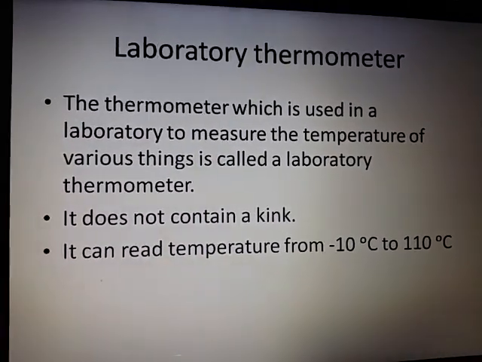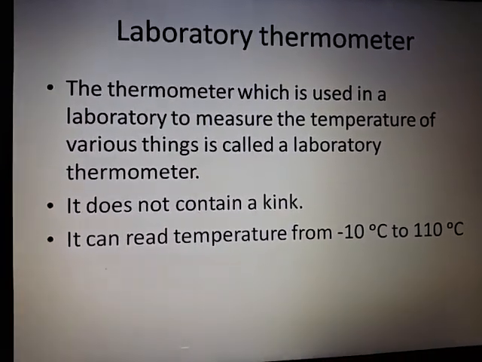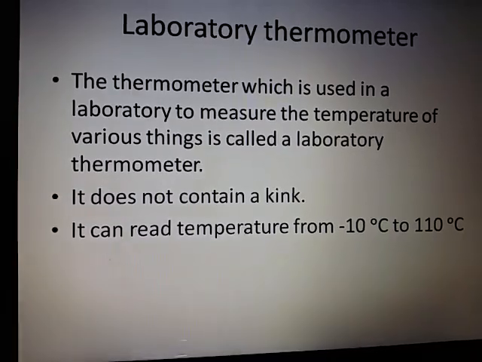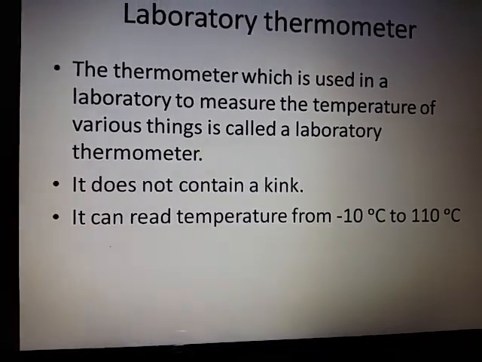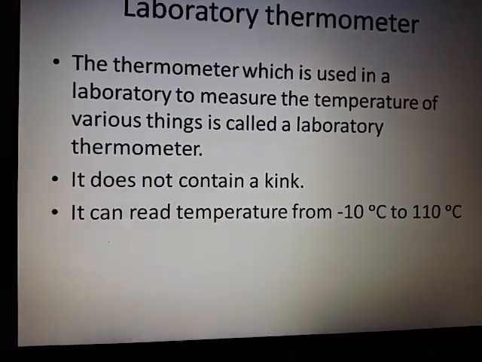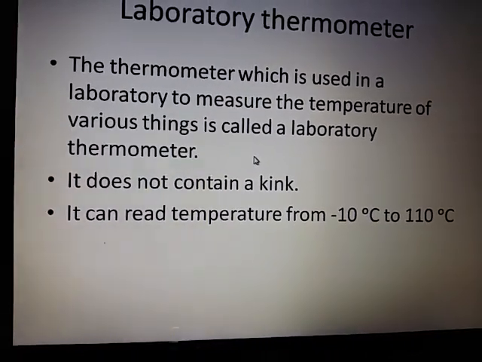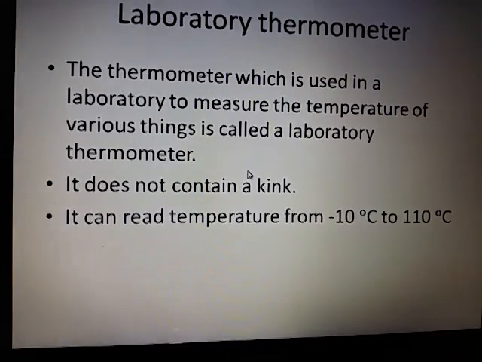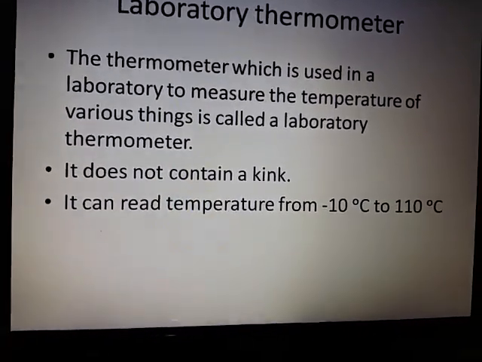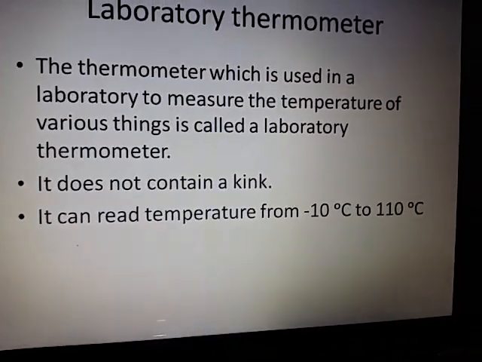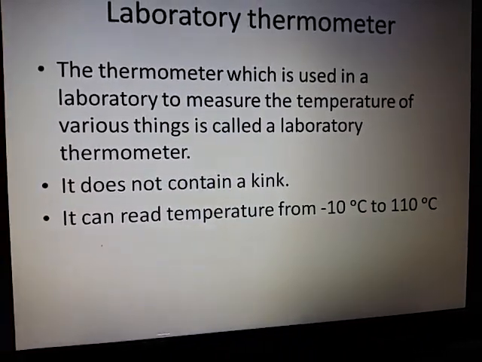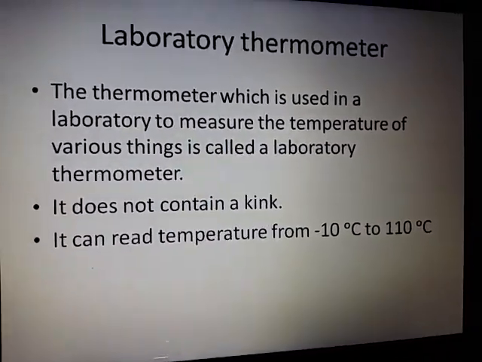Next is the laboratory thermometer. It is used in laboratories to measure the temperature of various things, and it does not contain a kink. Now we'll see what is meant by a kink. It can read temperature from -10 degrees Celsius to 110 degrees Celsius.